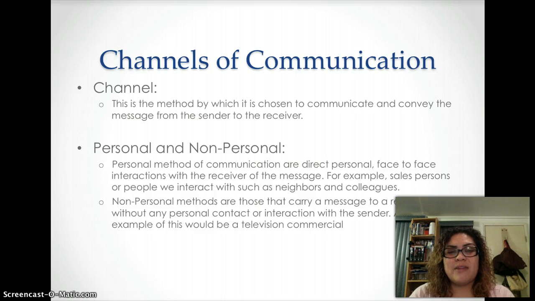A personal method of communication is when you're trying to convey a message and you get a one-on-one, for example, like a salesperson, or you create a buzz within a community, and the neighbors start talking about it. That's a personal relationship. That's a one-on-one. Now, a non-personal method carries a message to the receiver without any contact or interaction with the sender. But word of mouth could be an excellent example of that, or a television commercial.